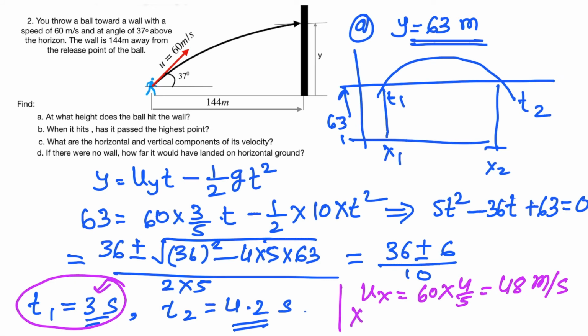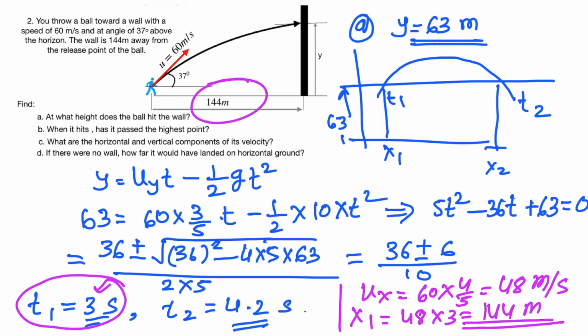Distance traveled is x1 equal to 48 into 3, which is 144 meter, and this is same as the distance of the wall from the point of projection. It means the ball has hit the wall at time t equal to 3 seconds itself, and that is before reaching the highest point. So the answer to part B is that the ball has not reached the highest point before hitting the wall.